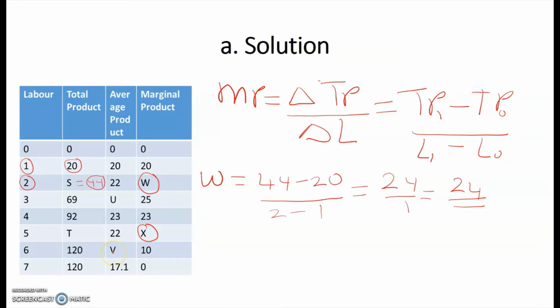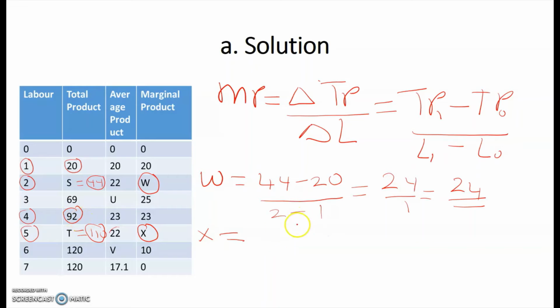Then for X, we follow the same procedure. So in working with X, we will have T. What did we get for our T? We got 110. So that would be the 110, and then 92, and then 5, and that of 4. So the 110 will be the current, and the previous will be the 92.